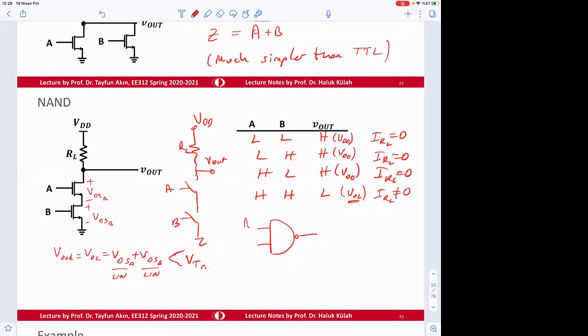Hocam, for example, when B is high and A is low, what is the state of transistor MB? You know, when B is low, the transistor state is not clear, because eventually it's going to be off again.